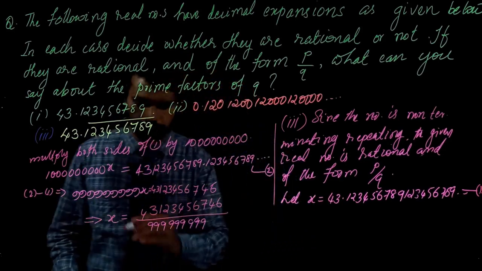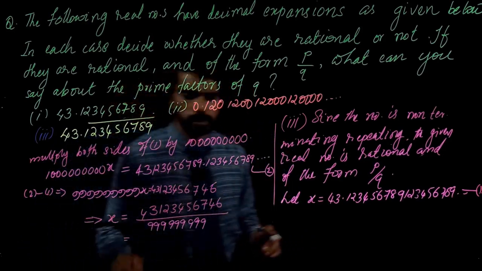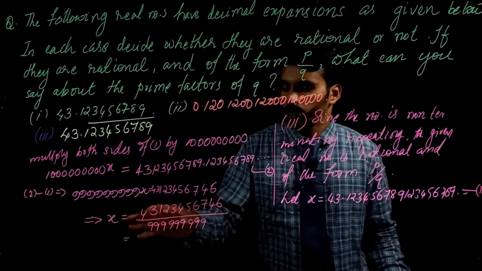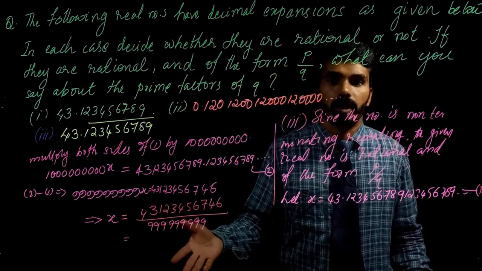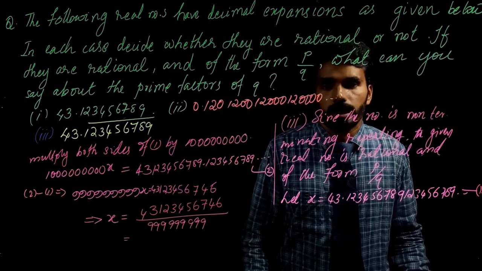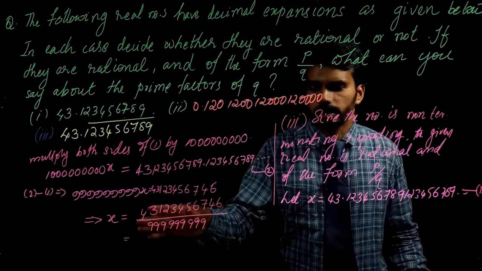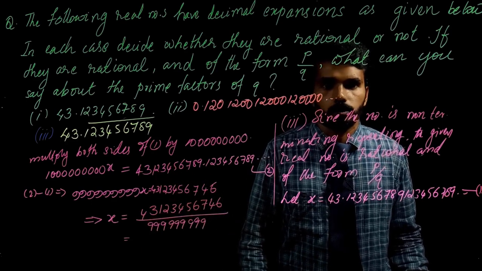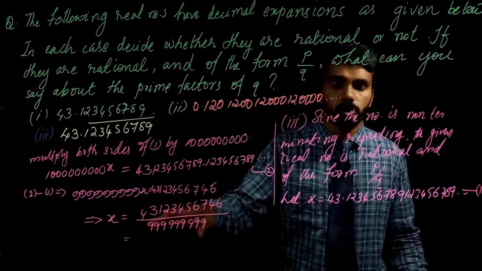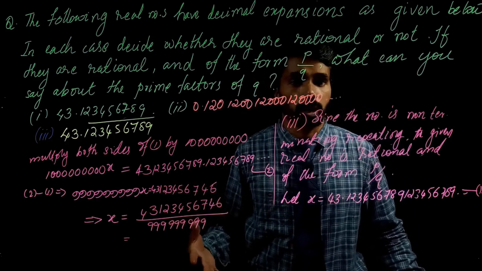Next, let us check whether this number is in the simplest form, or whether there is any common factor in the numerator and the denominator. One common factor is 3. Let us cancel both the numerator and the denominator by 3.